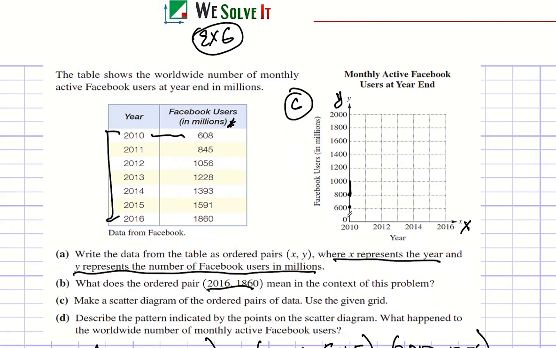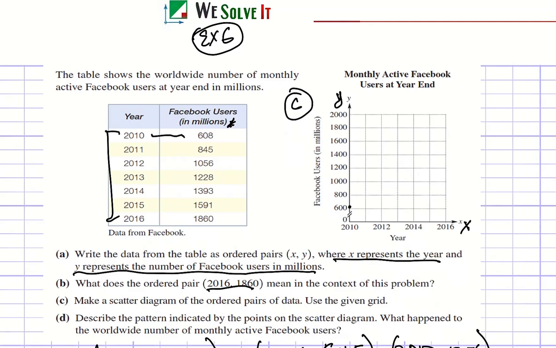From 0 to 600, then I think the space is 200 each, because from 600 to 800 is 200, 800 to 1000 is 200, 1000 to 1200 is 200. So we got that determined.